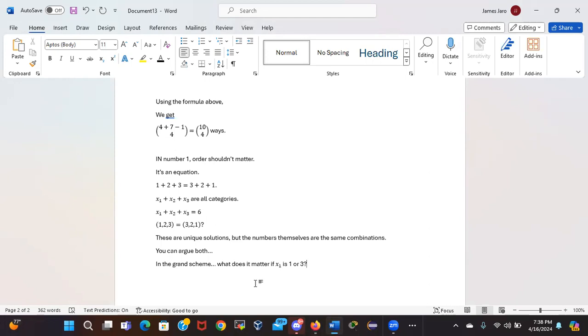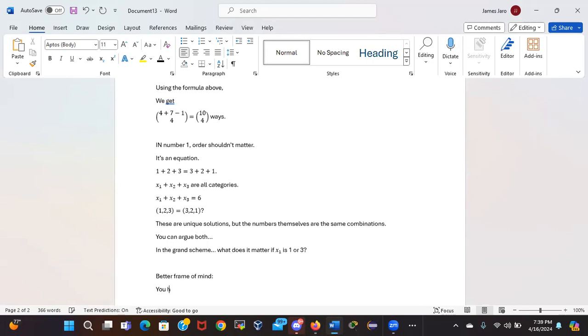Yeah, it's all possibilities. I guess a better frame of mind is you have 6 cookies and you're trying to distribute them amongst 3 different people. That's a better way to frame it. So if you can answer that, then that's a better way to frame it.